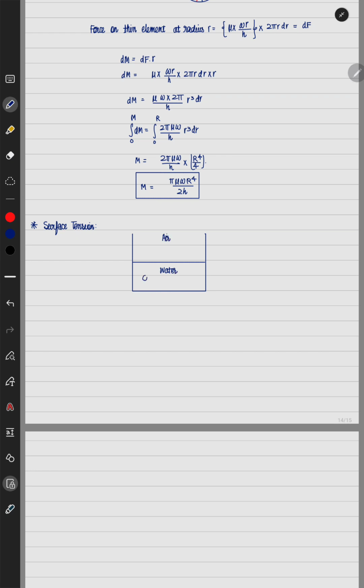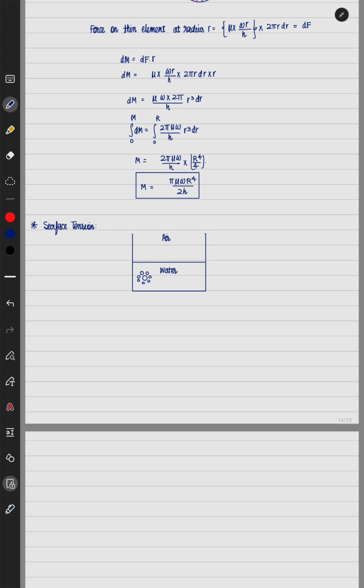Suppose I have a molecule placed at this location in bulk water. This bulk water molecule is surrounded by the same kind of water molecules from all sides. So the interaction that this central water molecule experiences from all the different directions will be uniform. There will be no non-uniformity in the forces acting from the different directions.